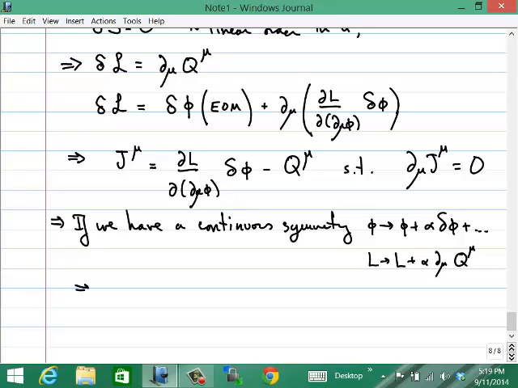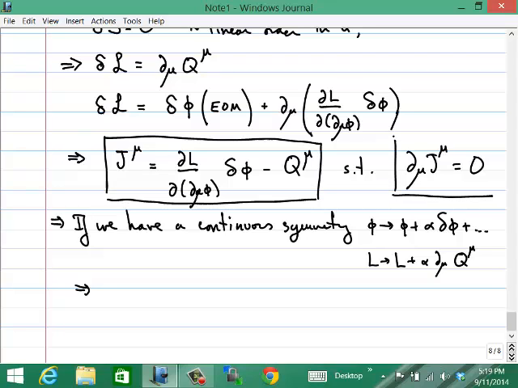Then we can construct the quantity j mu defined by this equation, and then it will obey this boxed equation where its divergence is equal to 0. So we have a special name for vectors that obey this equation, that d mu of j mu is equal to 0. They're called conserved currents.